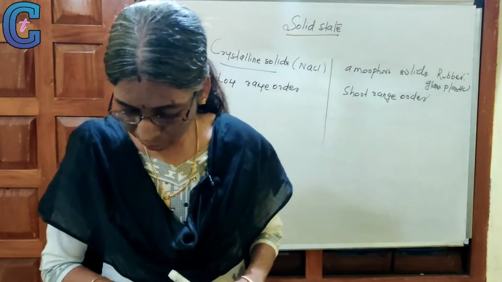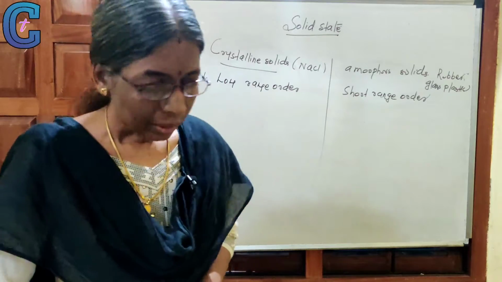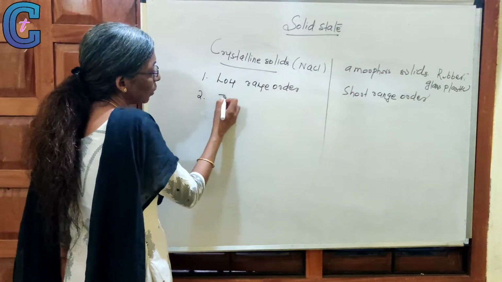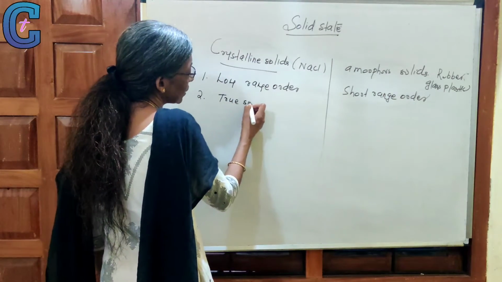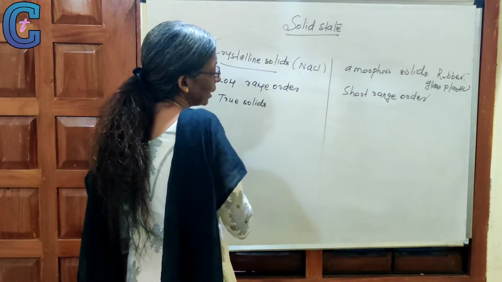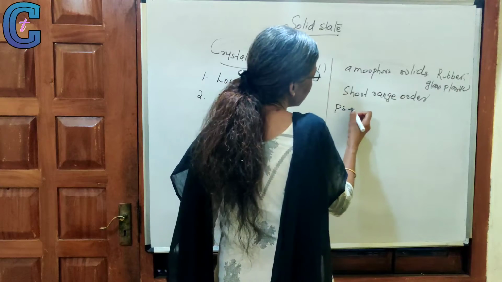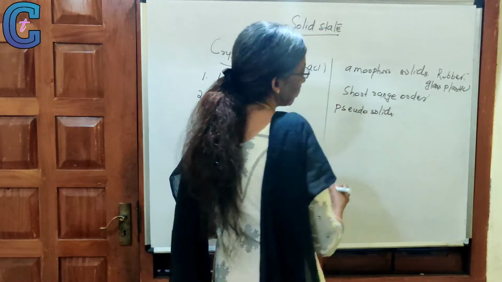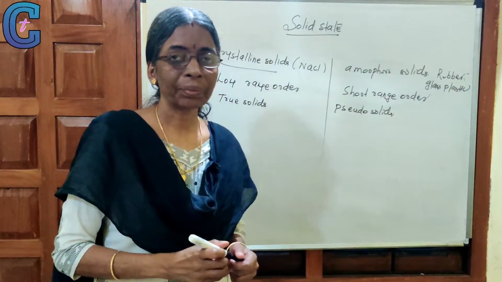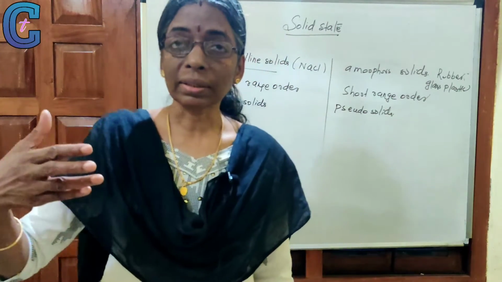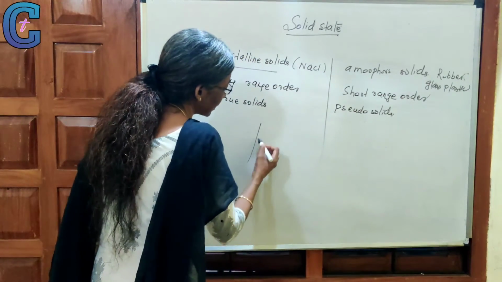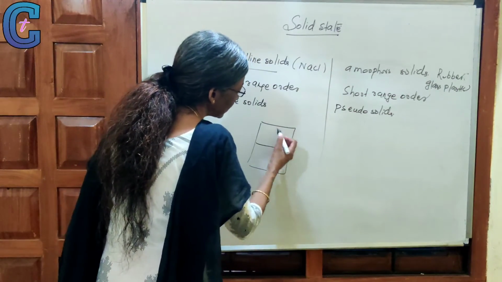Crystalline solids are known as true solids. Amorphous solids are called pseudo solids. Suppose glass, in glass what happens sometimes, suppose this is a window pane.